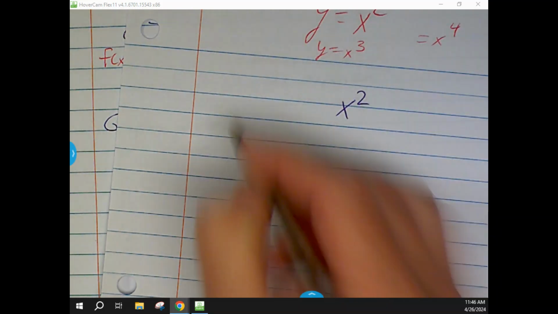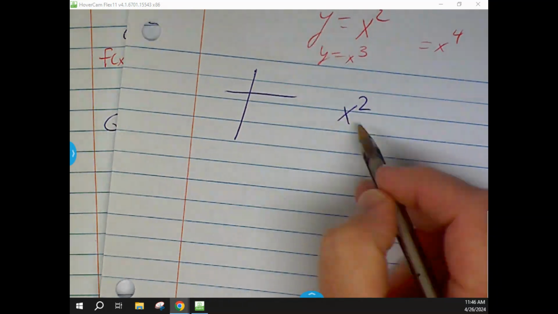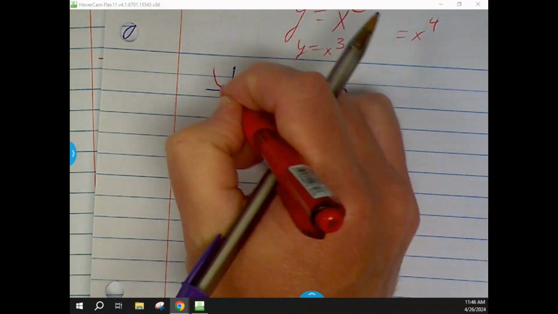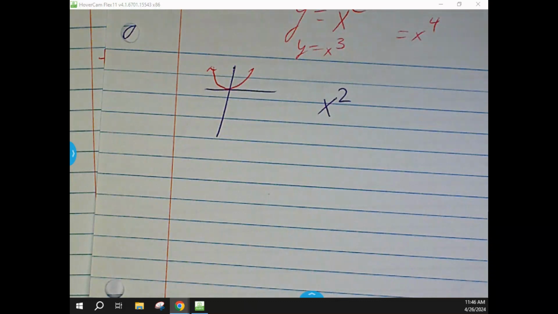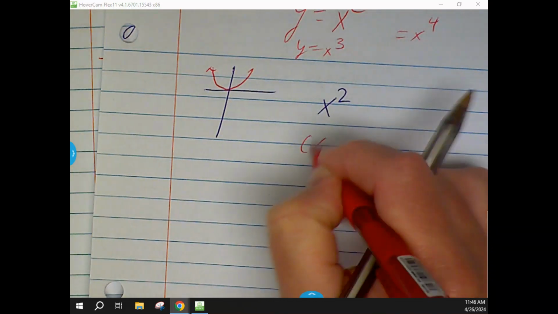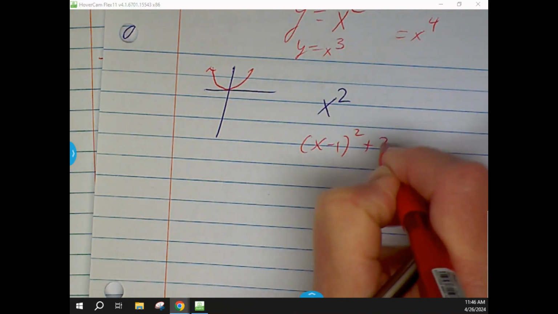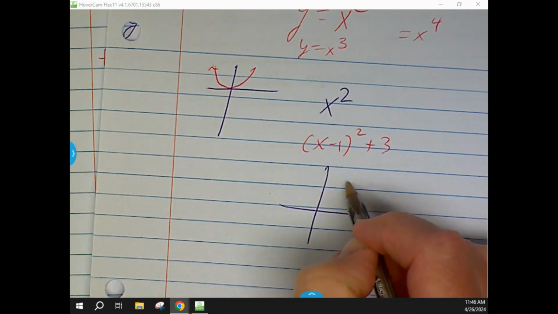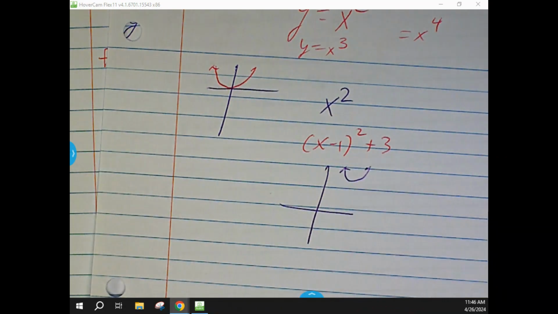The very first time we made a list and plugged in all these numbers. After that, we just had to know that it was a graph that looked something like this. And if it was x minus 1 squared plus 3, we took that graph and moved it one space to the right, 3 spaces up, and drew it up here. So we'll get to the point where when we're graphing these, we'll just do a quick sketch like this.